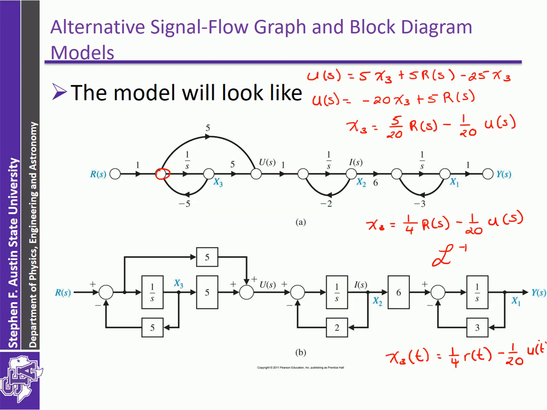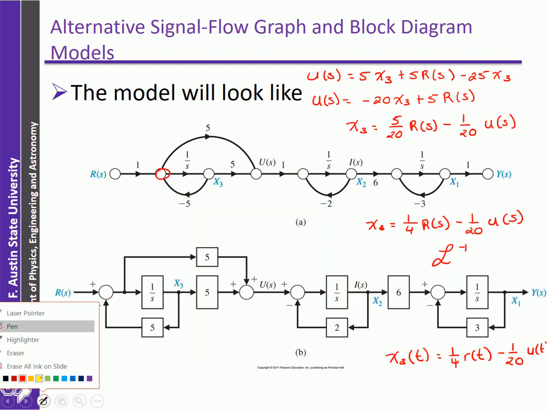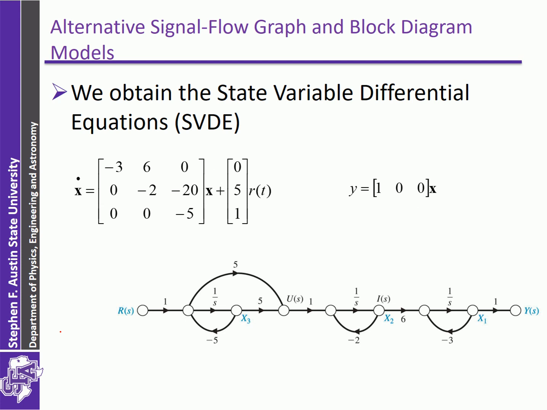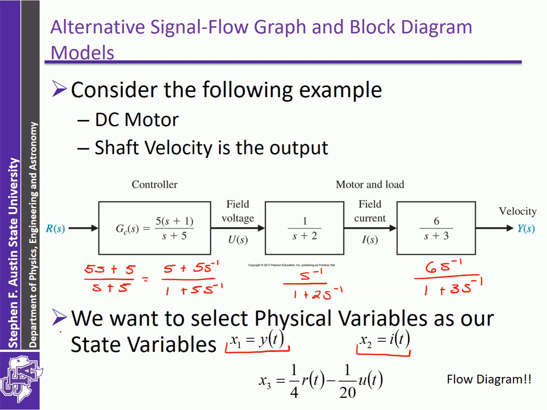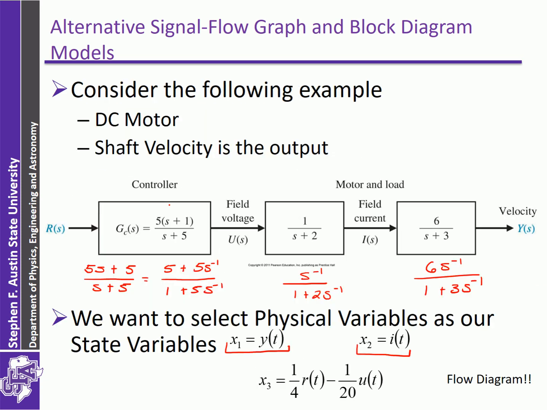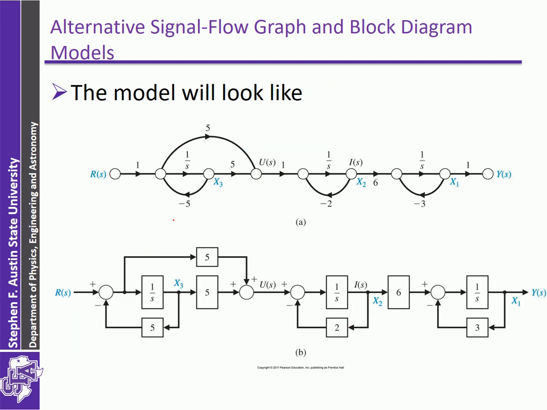So this is a very simple way to look at it. And from here, once we get our state equations, the next thing we can do is obtain the state differential equation. It's a very simple thing. We look at this and say, okay, x1 is equal to y of t. Oh well, we need the derivatives, not just the regular state variables.